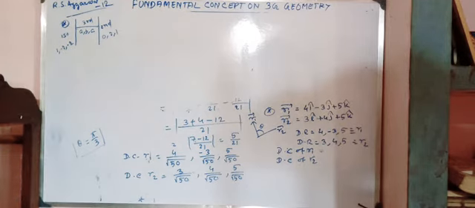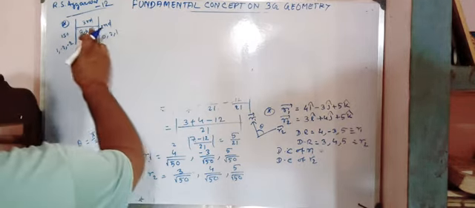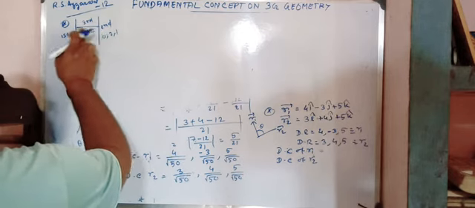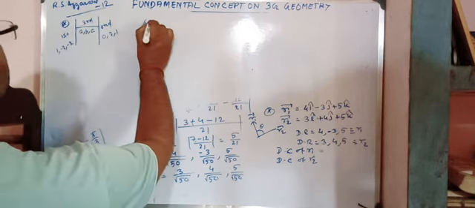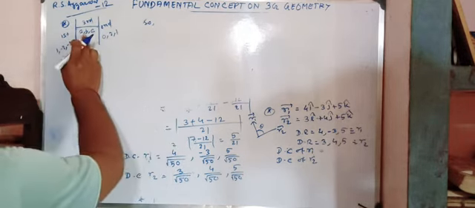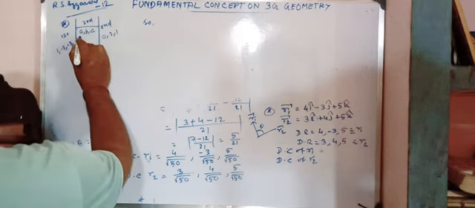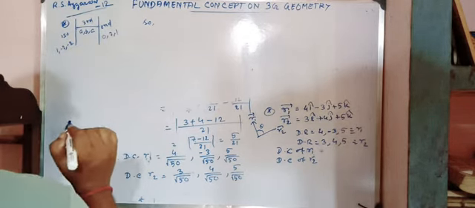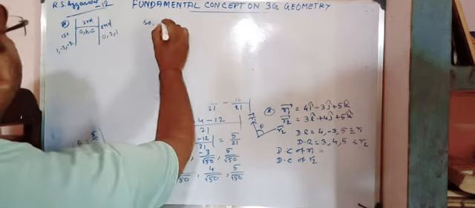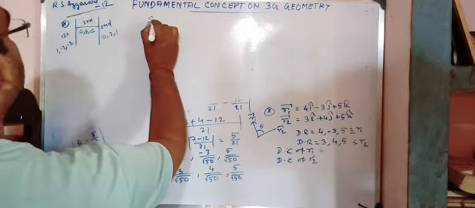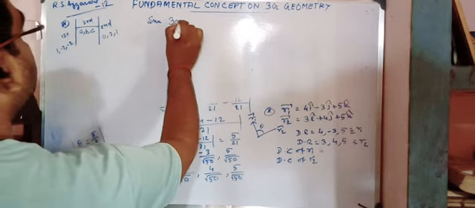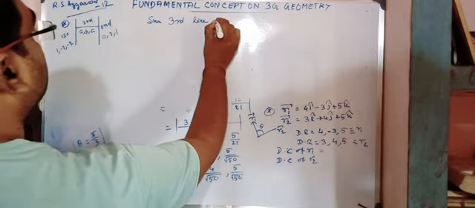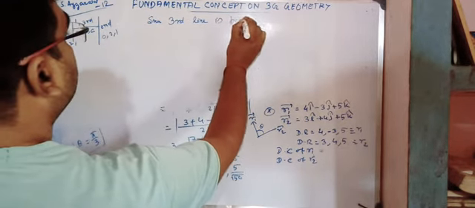Since the third line is perpendicular to both the first and second lines, the multiplication of the direction ratios should be 0.